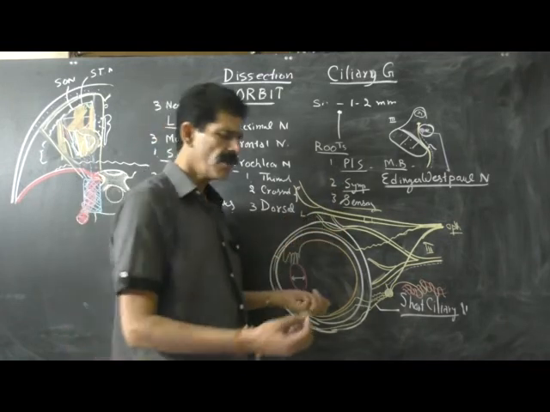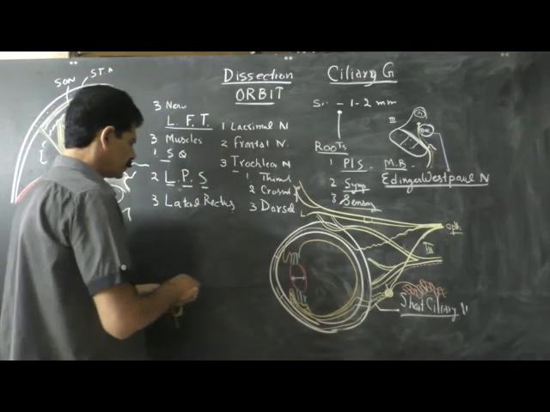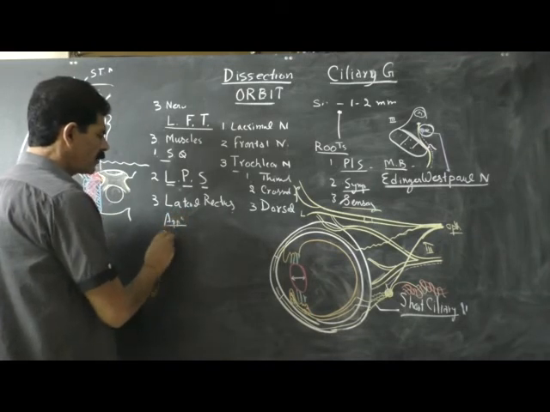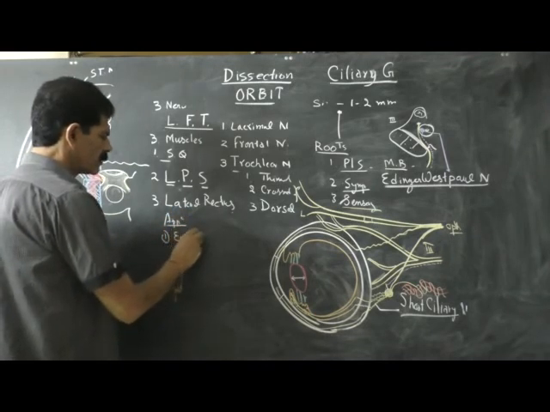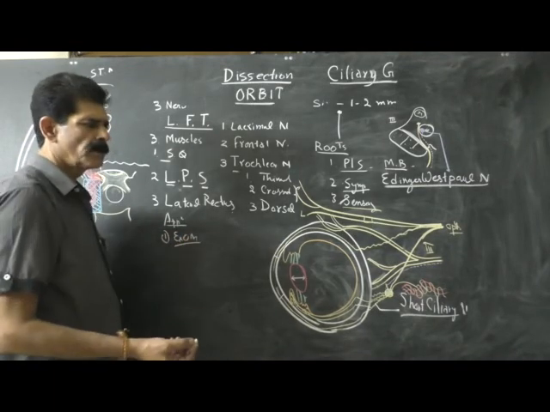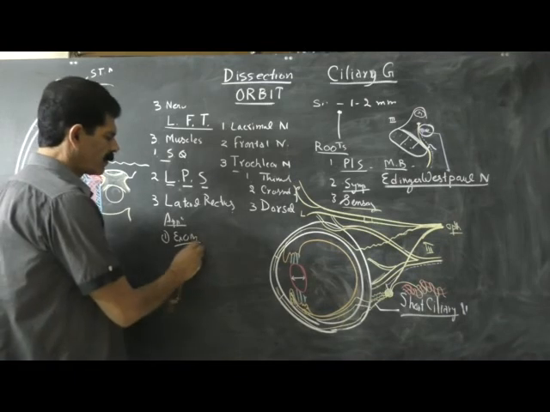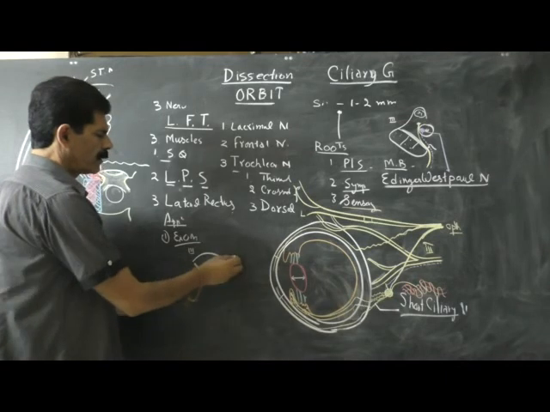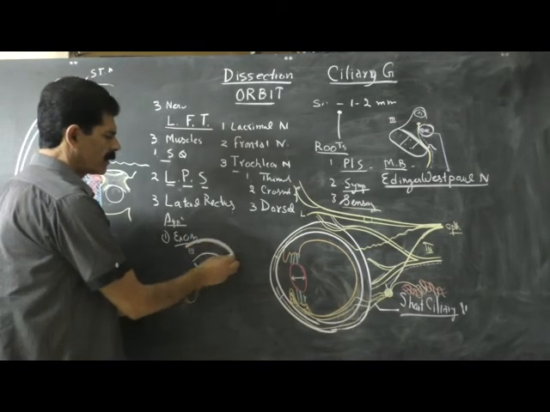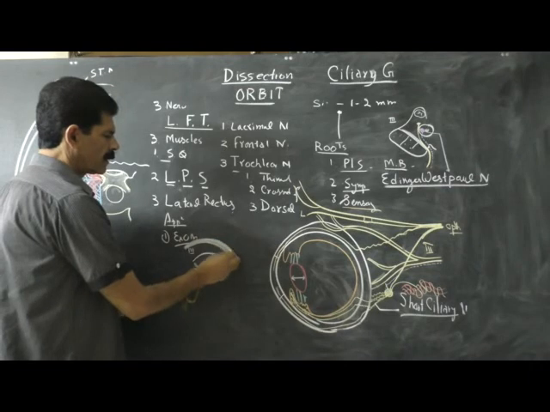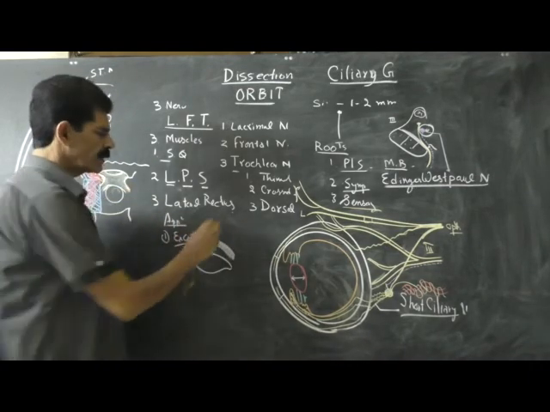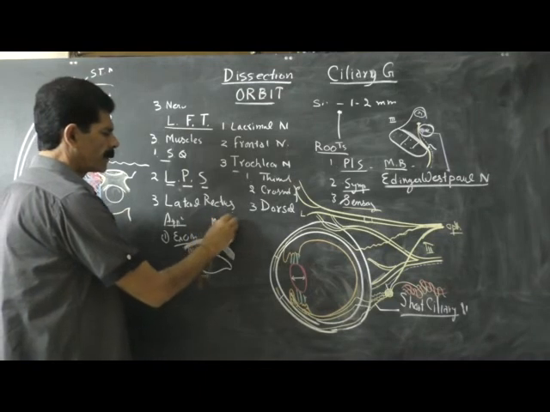Regarding its applied anatomy, the applied anatomy of the extraocular muscles is also done. So whenever there is an injury of the third nerve, and the third nerve brings about the adduction movement, the medial rectus is supplied by the third nerve.